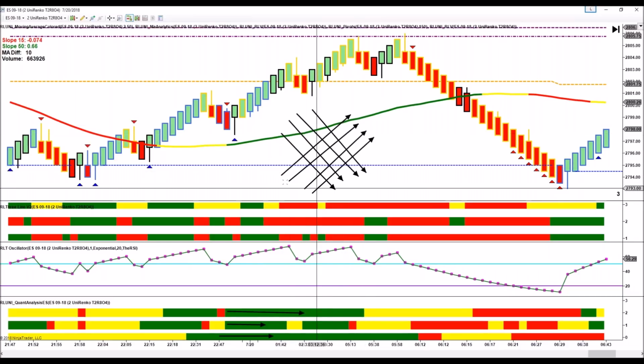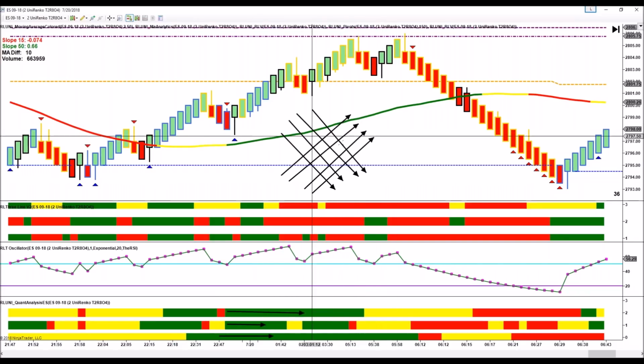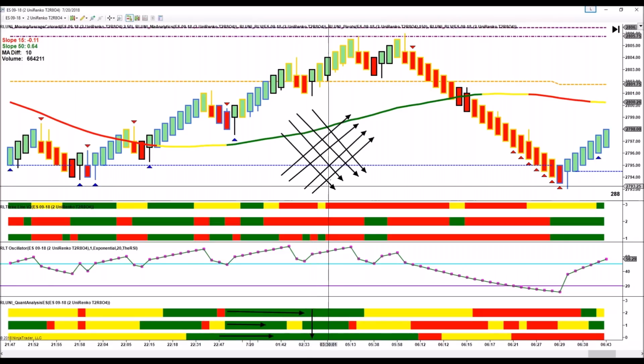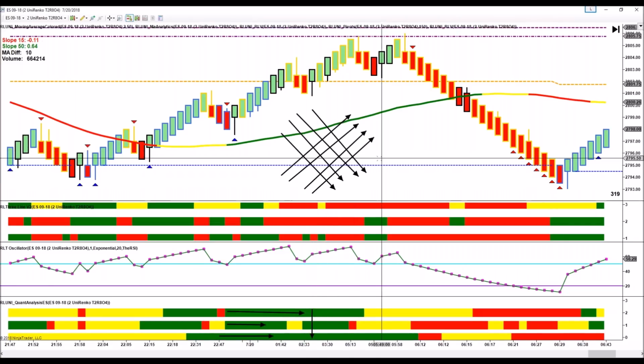So what we want is for all of this to happen. And when all of this happens, all these quant lines will go green. The markets that should rise when the E-mini rises do rise, and the markets that fall when the E-mini rises do fall. And when that happens, all three lines go green. And what that really tells you is that what you're seeing is the institutional rotation of money from one asset class to the other.